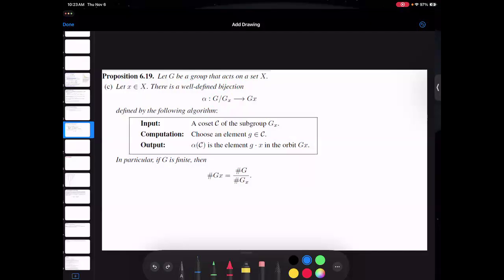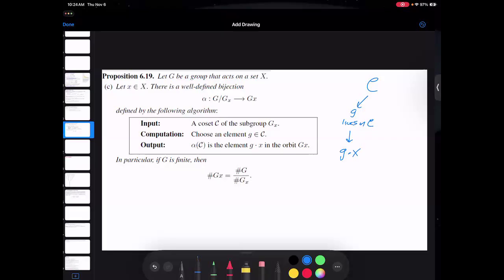So I have a coset C. I choose some element g that lives in C. And then from that, I'm going to get the element g times x. What could I have done instead of choosing g? Now I chose some element g.